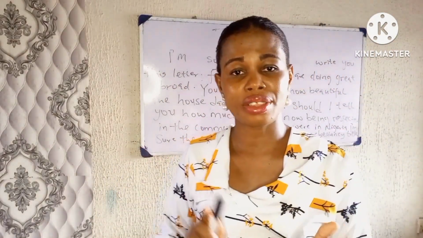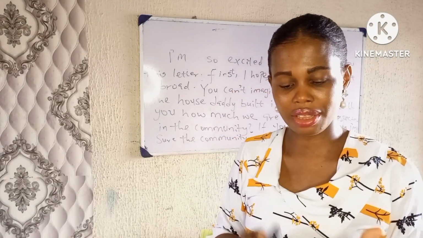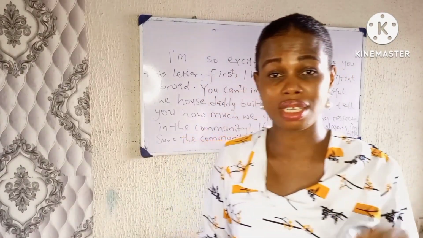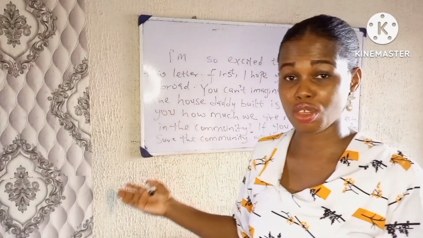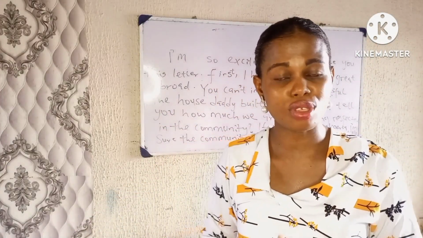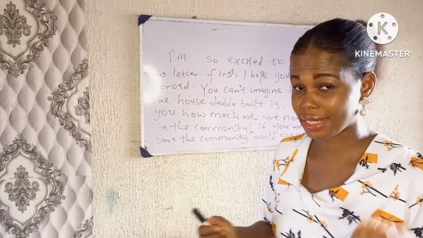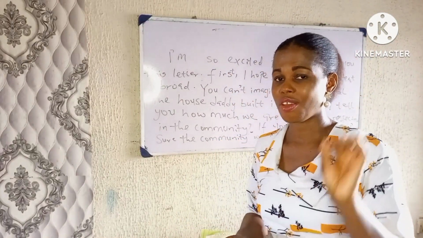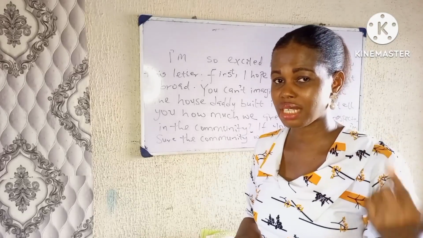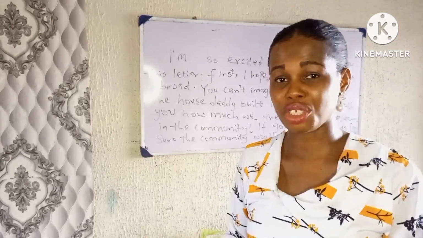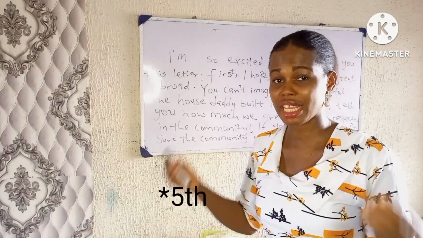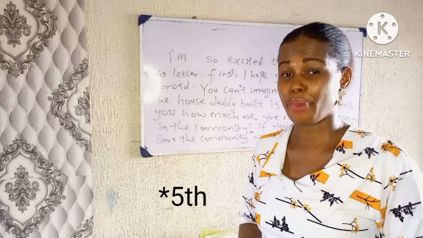The second, third, and fourth paragraphs should be all about discussing the topic of the letter, and the last paragraph should be the concluding paragraph. So the standard number of paragraphs you should write in your WAEC exams is 5: the first introductory; second, third, and fourth, discussion of the topic; and the fifth is the concluding paragraph.